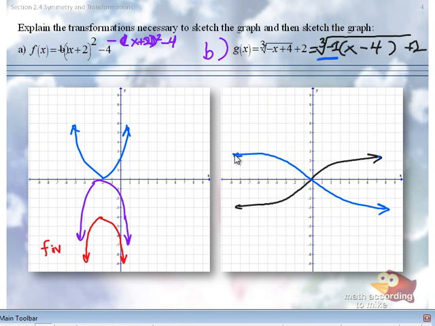All right. Minus 4, we're subtracting 4 from the variable. What direction do we move? Careful. To the right 4. So the origin was the center. Now the center is going to be (4, 0).